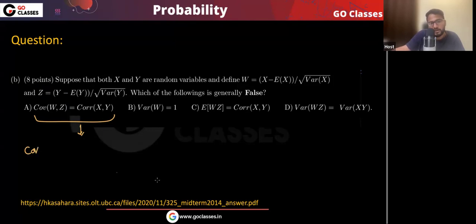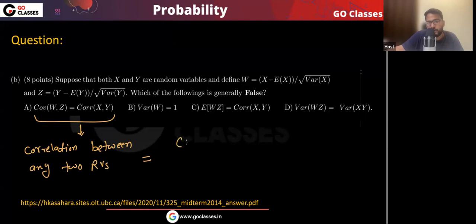The correlation between any two random variables is the same as the covariance between their standard versions, right? So that's why it is true. Okay, so let me just write true.